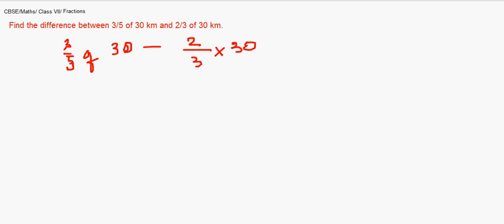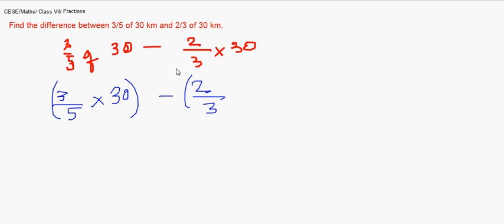Let's solve this. I need to reduce the font. Now 'of' means multiplication, as we just learned, so we will be finding the 3/5 of 30. This will be written like this, and on the other hand 2/3 of 30. I made a mistake here, I substituted the product then and there only, but it was off here, never mind the color. Now if I cancel and reduce it, it becomes 18.